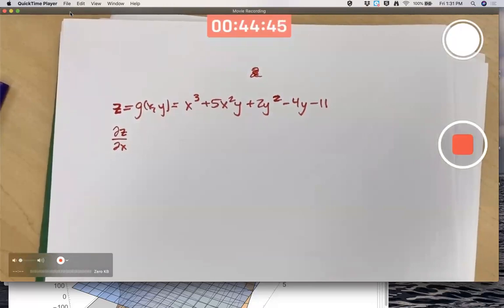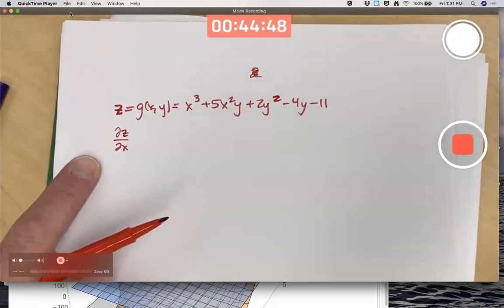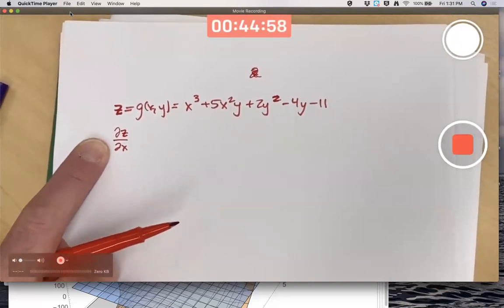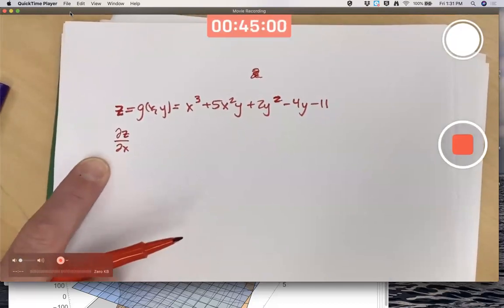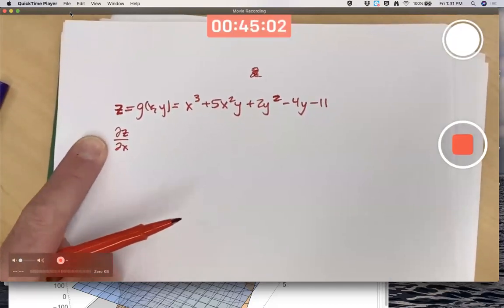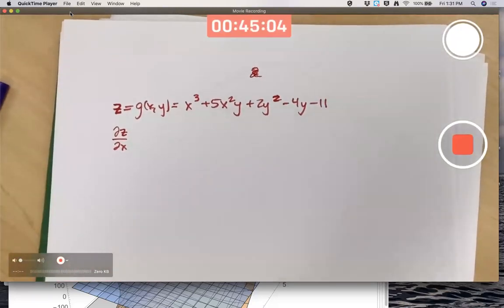When you see a weird looking d like that, you can say d, even though it doesn't look like a d exactly. Or sometimes people say partial z, partial x instead of dz dx. But I'm okay just saying dz dx. But we make them funny looking to remind ourselves that z depends on more than one variable.